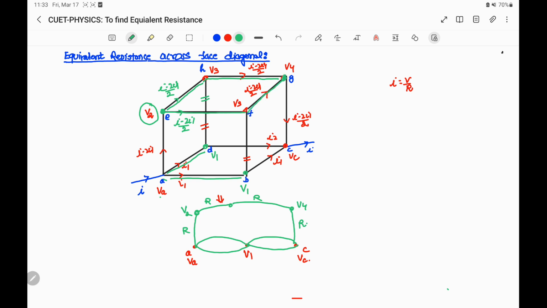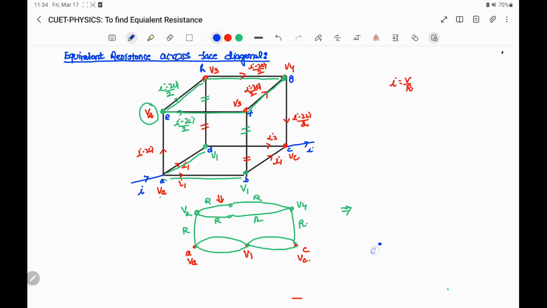This is again in series because FB has no current, so it is removed. And effectively these two branches are in parallel, each having resistors in series. So we can find the equivalent resistance by simplifying this network.